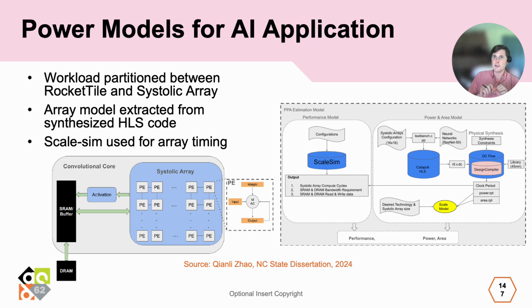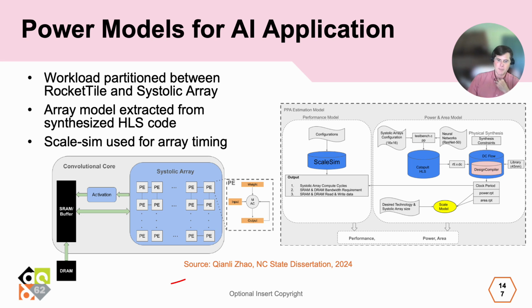And so first he had to partition the execution of this MoCo algorithm between some software that would be running on the Rocket core and then the hardware that would be running on the systolic array hardware. And then he put together a system level simulation for that, and then had to characterize the power of the systolic array.